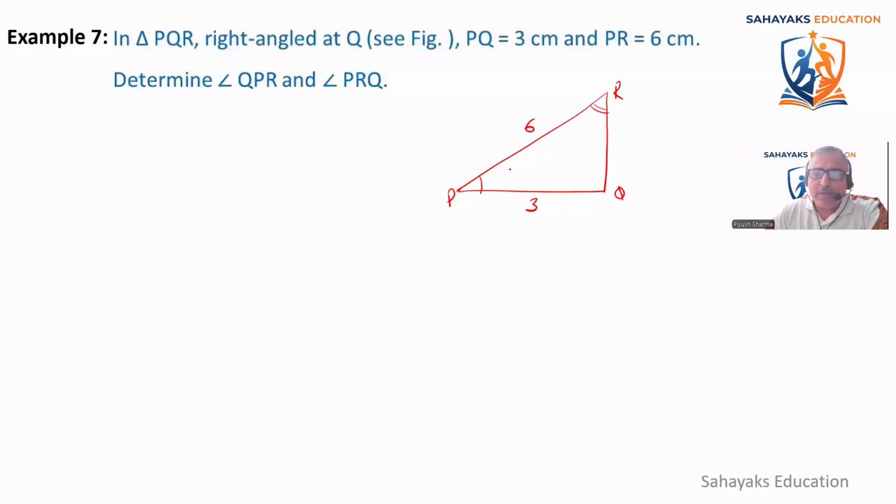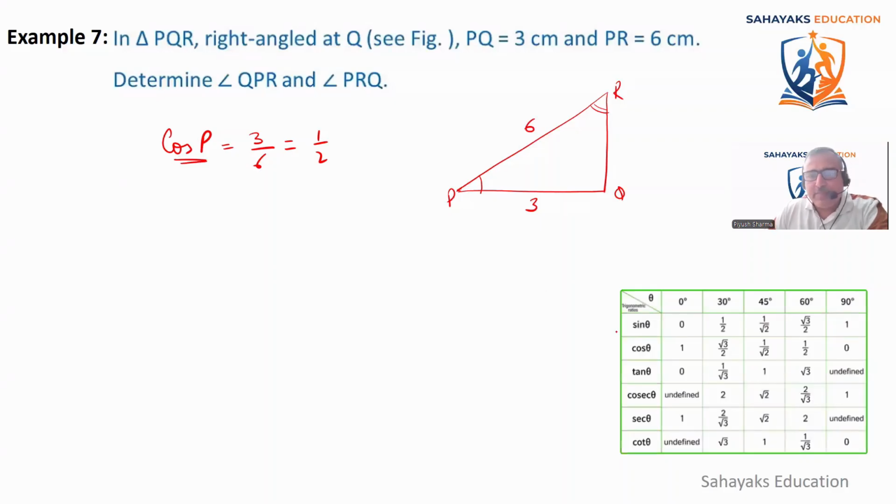Now, these two, base and hypotenuse, come in what ratio? So it comes in cos. So I can say cos of angle P is equal to 3 divided by 6, and that is equal to 1 divided by 2. So tell me, what angle of P gives the value 1 by 2?